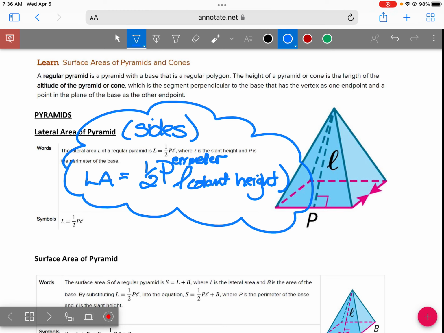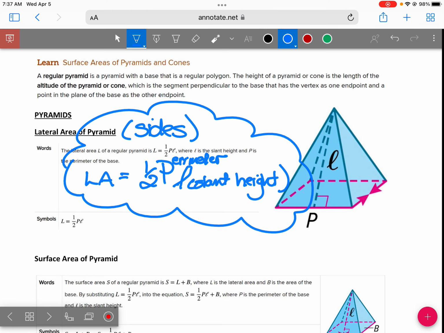So we're going to add all these bottoms up, and instead of the perpendicular height, which would be going right up and down in the center, we have to use the slant height because we want the area of this triangle. If I wanted the perpendicular height, it would be going straight up and down like this, and it wouldn't close.